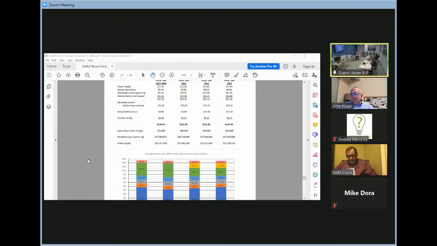But what you can see with the bottom $85 a megawatt hour or so over the last 4 years has been to pay for expenses of our operation. All right. So if you take that $87.10 that's up on the top, that's our operating expenses.